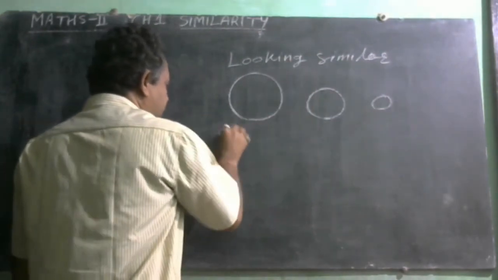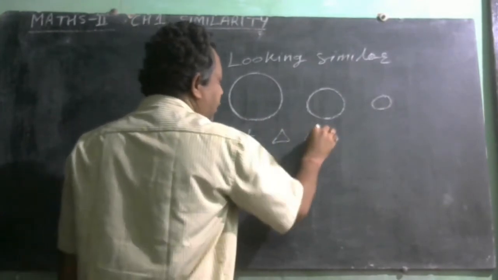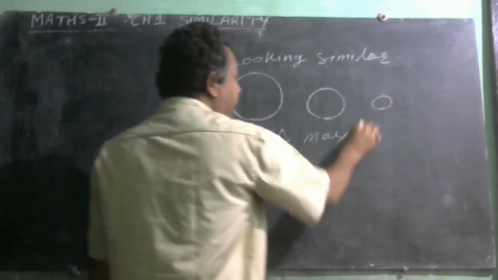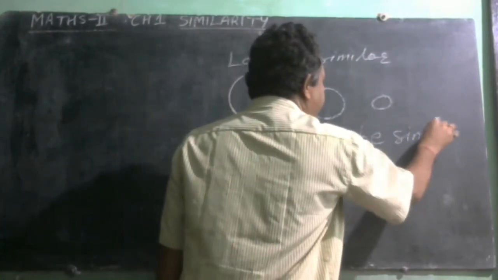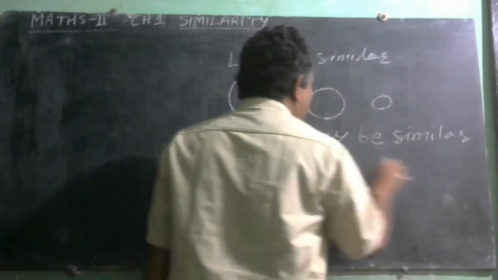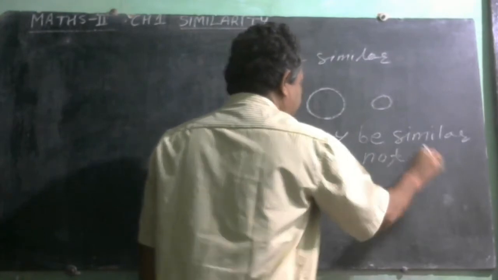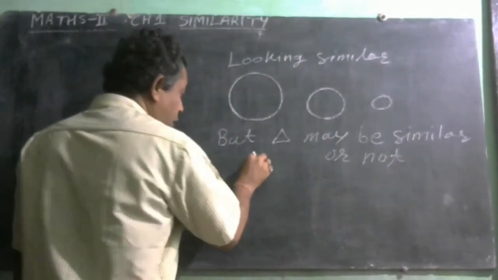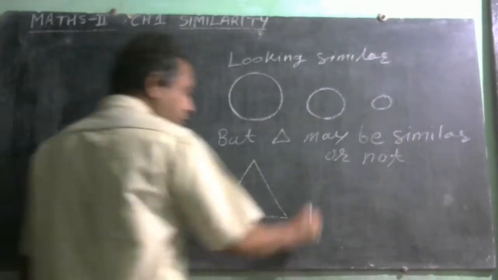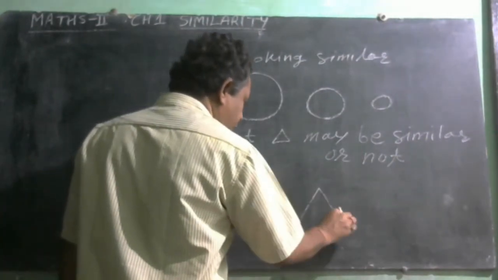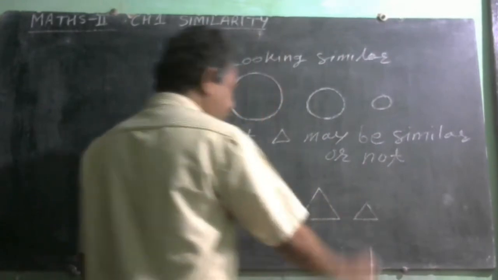But triangles may be similar or not. This triangle is similar to this triangle also.